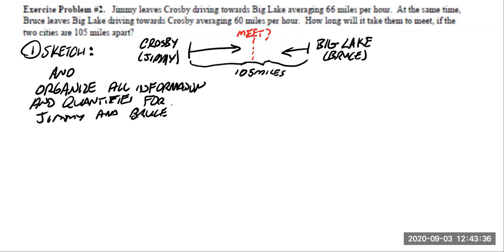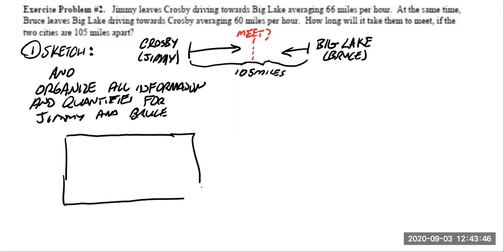And this is where I like to use a chart. So I'm just going to construct the chart here. There's going to be two rows, one for Jimmy and one for Bruce. These are the two people, in this case, in motion.